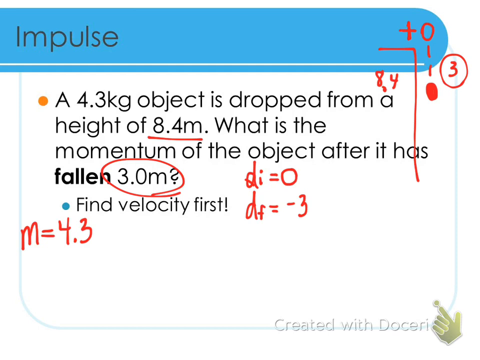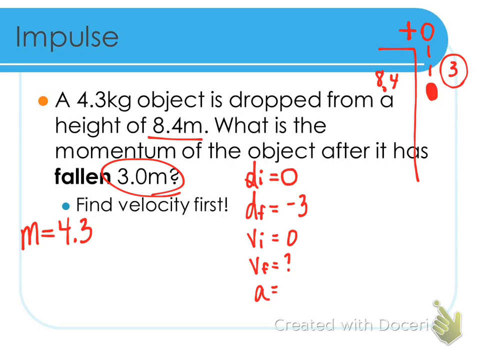Okay? All right. What's our initial velocity of a dropped object? 0, right? Since we say it's dropped, our initial velocity is 0. Our final velocity is what we're solving for, right? We want to know what's our speed after that 3 meters. What do we know about the acceleration of a vertical object?